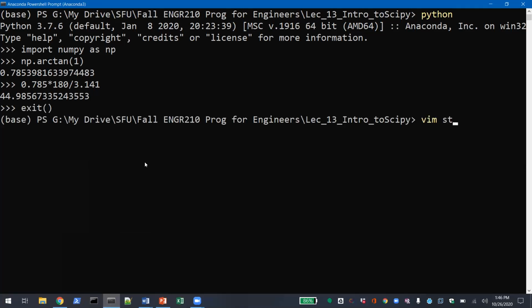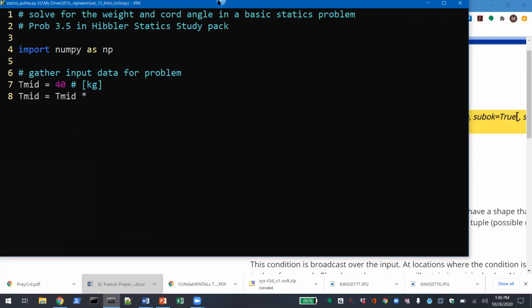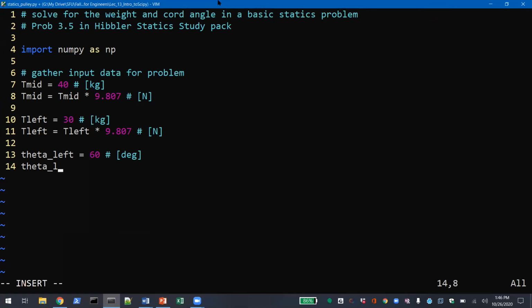So pop back into here. Theta left, I'm going to want to convert that. And np.pi is pi to a whole bunch of decimal places. I'll make sure that I always put this in the right units. All right.